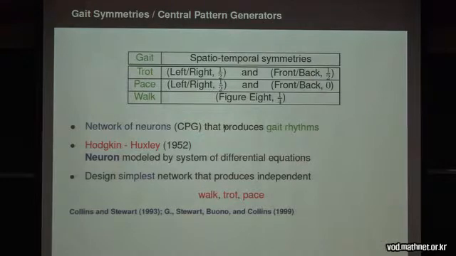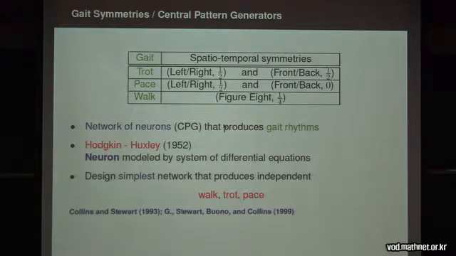The central pattern generator that I mentioned, which is supposed to produce the rhythms of the different gaits, is made of a network of neurons. And notice the way I'm going to phrase this. Hodgkin and Huxley proved that a neuron is a system of differential equations.